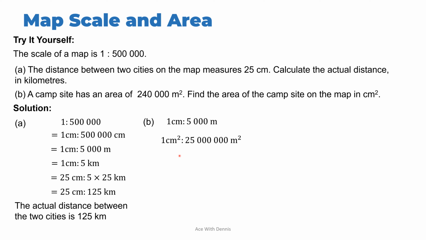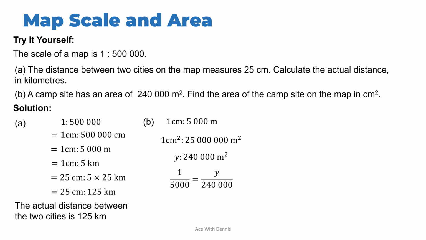Alright, as mentioned in the previous example, there are two methods to get the answer. I will just show you the first method. Given that the actual area of the campsite is 240,000 meters square, we let y represent the area of the campsite.